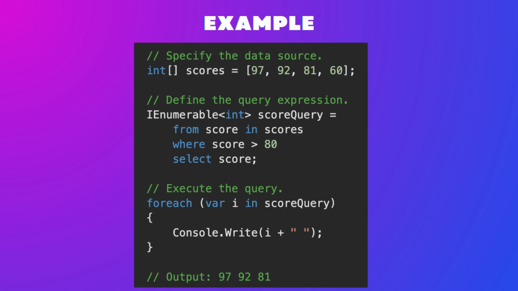Note that the query isn't actually executed until it's used. You can see in that final output section that the scores 97, 92, and 81 made it through, and that the value of 60 was rejected, and this is all consistent with that where clause in our LINQ query above. Hopefully that's all clear to you, but don't worry if not. We're going to go through the LINQ methods in upcoming videos.